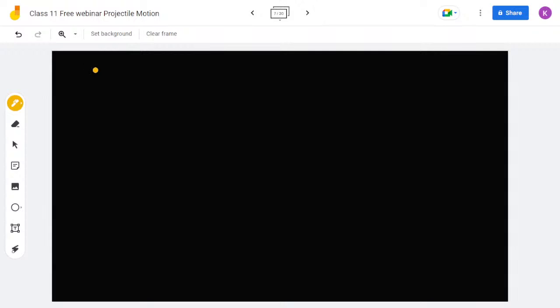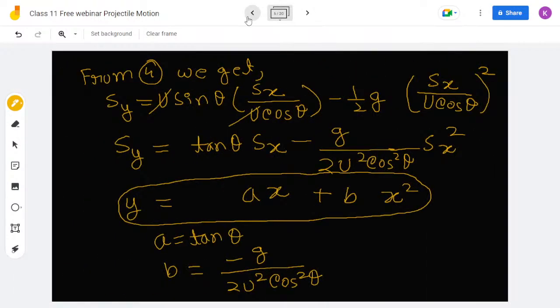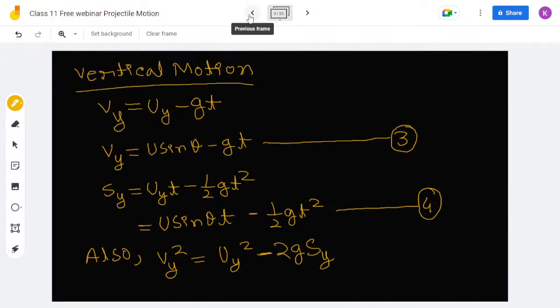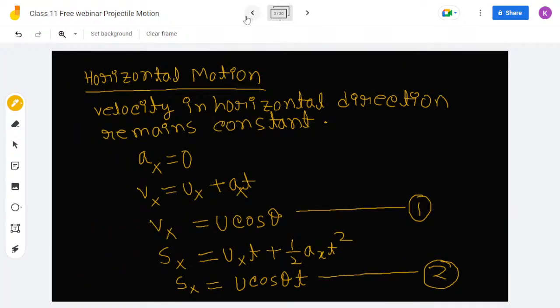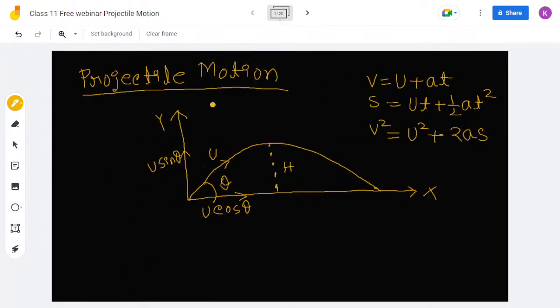Now let's try to find out the time of flight. What is time of flight? The time taken to complete the whole projectile motion. That means the time taken to reach from here all the way to here.